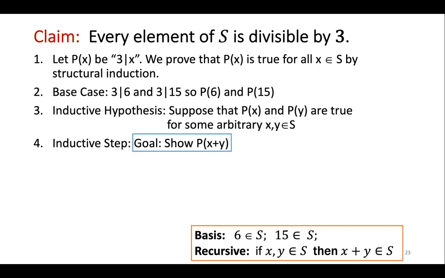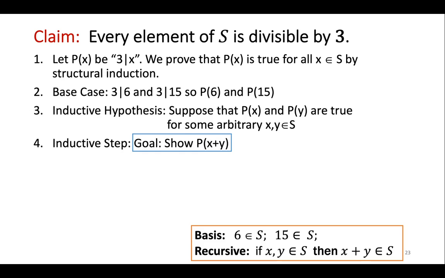Suppose that P of x and P of y are true for some arbitrary x and y in S. We need to show P of x plus y, which comes from the recursive step.